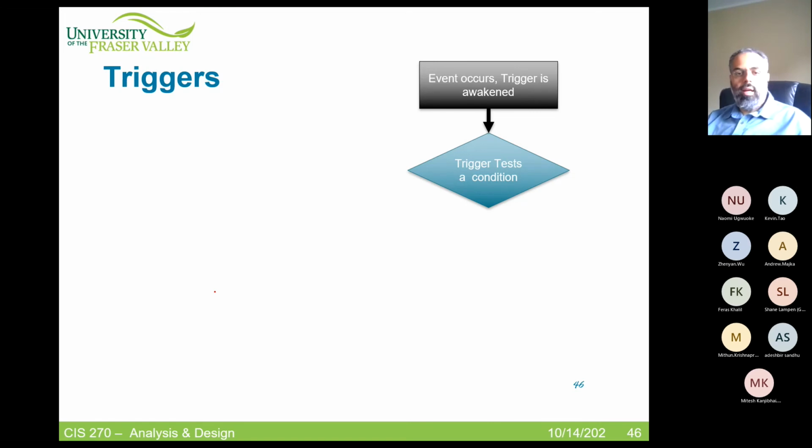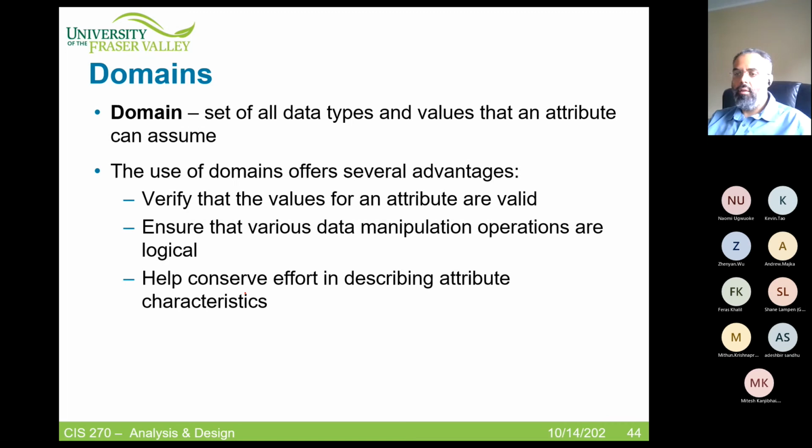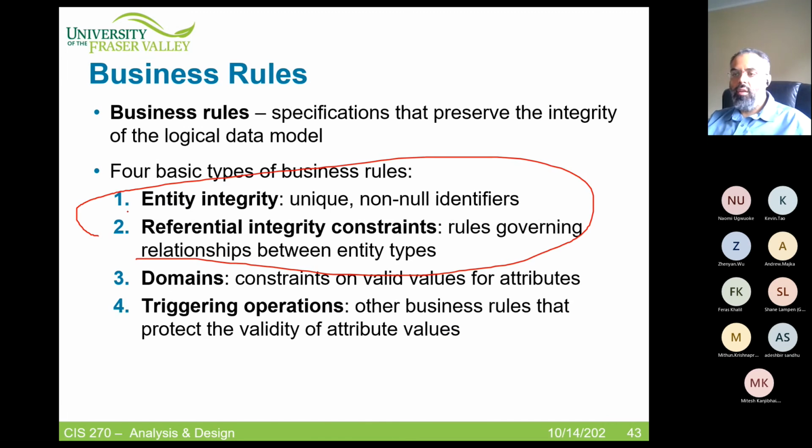Sometimes you will make a condition in your database, like the entity integrity. It is a condition that should always be satisfied, which means unique, not null. Identifier cannot be null. Identifier cannot be duplicated. It should be unique.